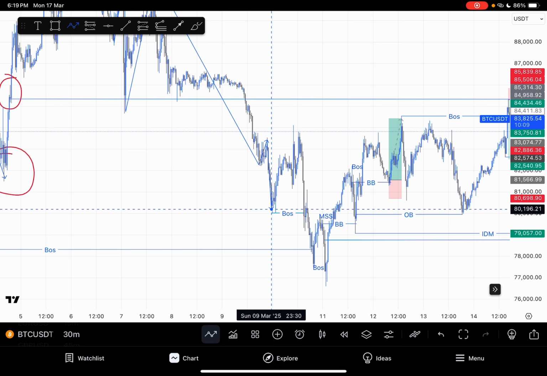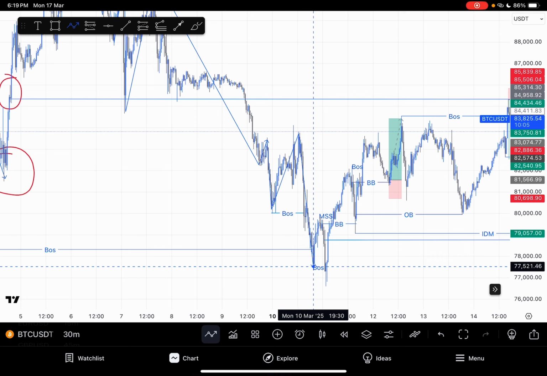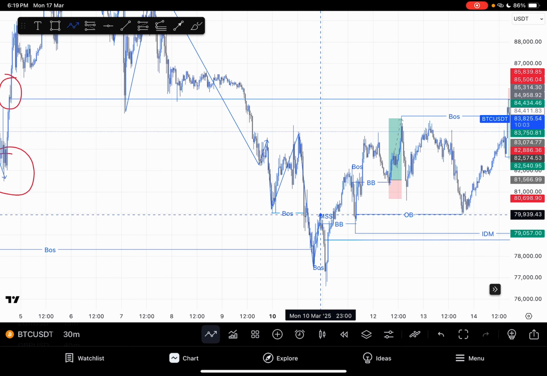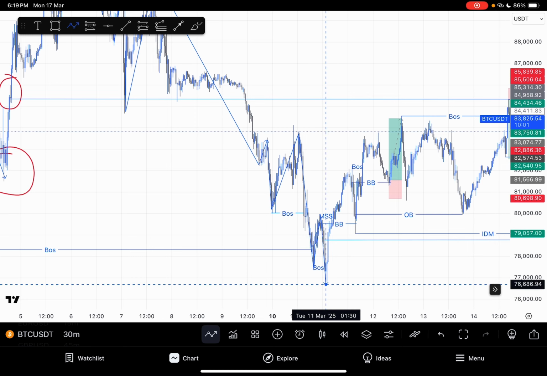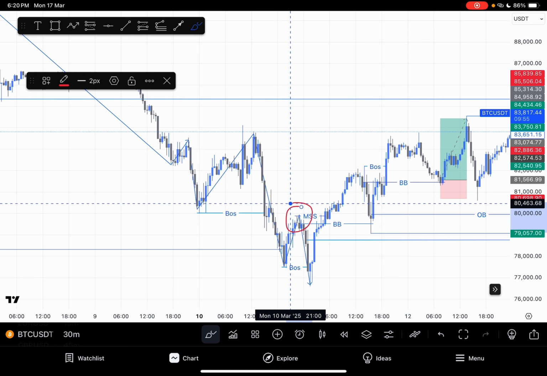So now see, price was moving in a downtrend down to this point here, and this was the previous high that price created.